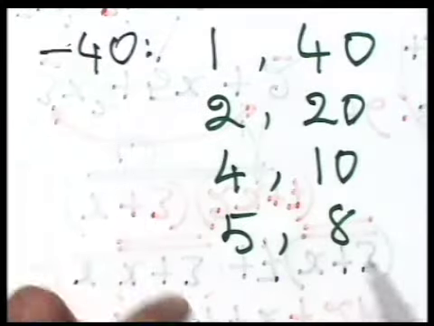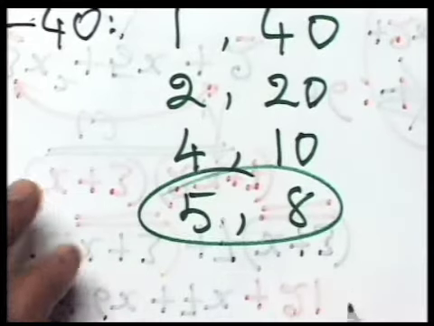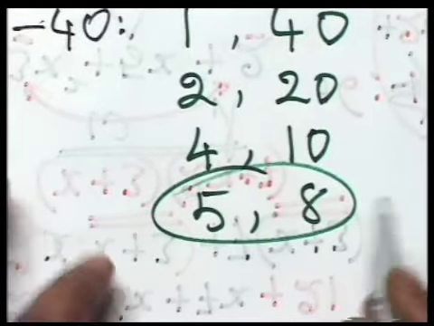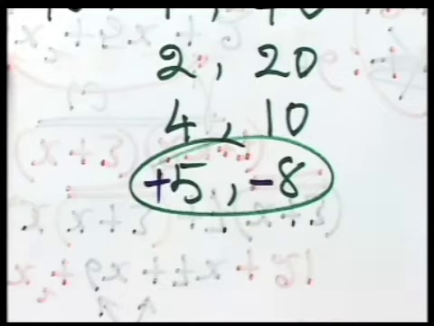We need a minus 40, and what is the middle number? Let's just go and check. The middle number is a minus 3. So if I choose those two, I can get a 3, isn't it? Quite easy. We need minus 3. So that's a minus 8 and a plus 5.